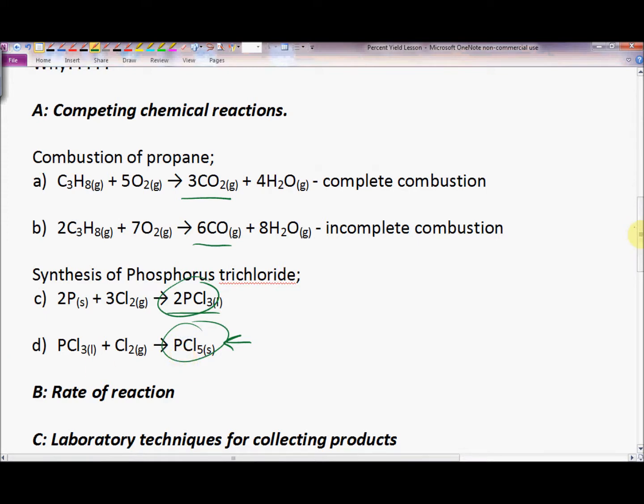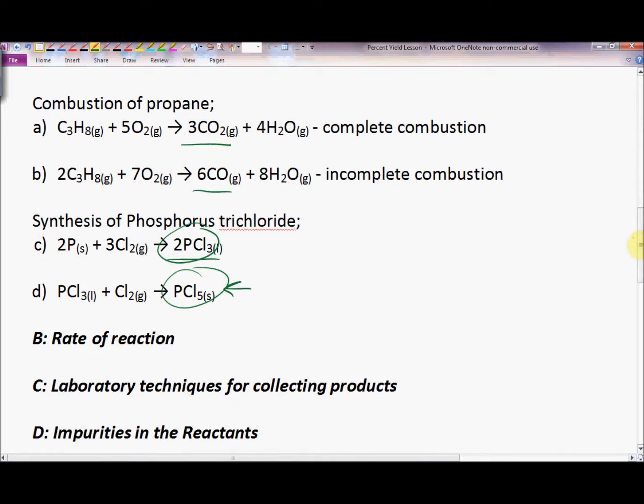Also, we have to consider the fact that there are differences in the rates of different types of reactions. Some reactions will happen so slowly that you may end up with a situation where the reaction does not complete 100%.